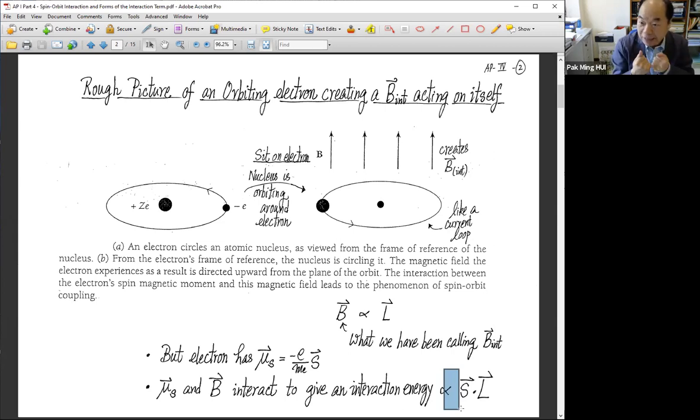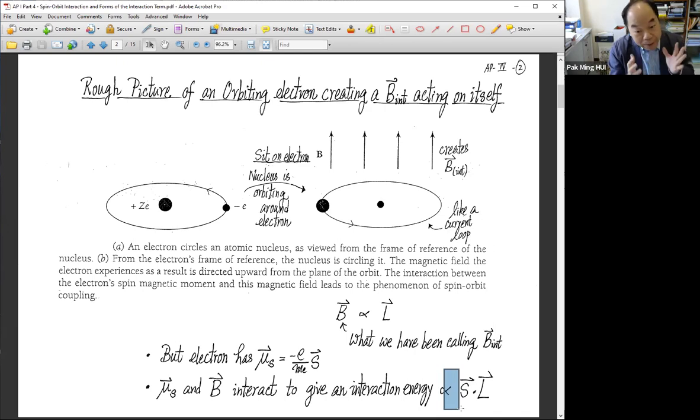Nonetheless, it is easy to understand that there will be some additional term in the hydrogen atom Hamiltonian that you have ignored so far. One of them is the S dot L term. This is called spin-orbit interaction.